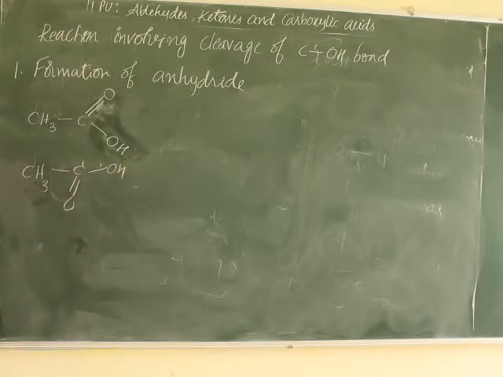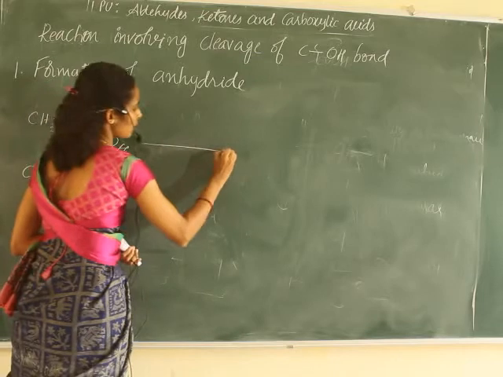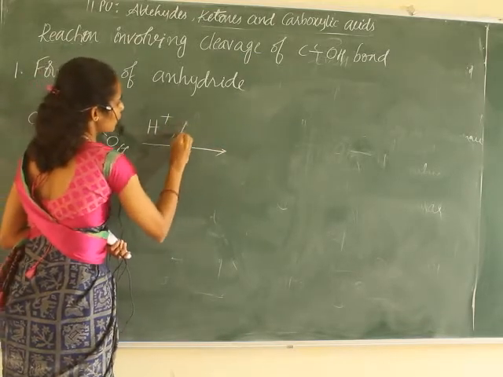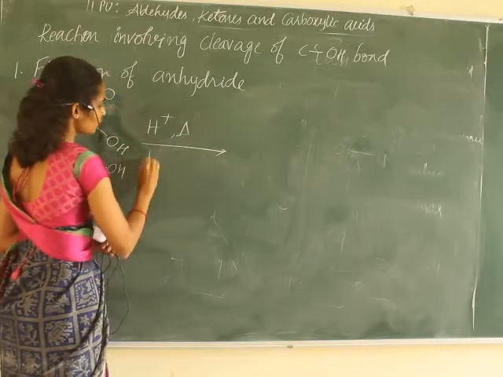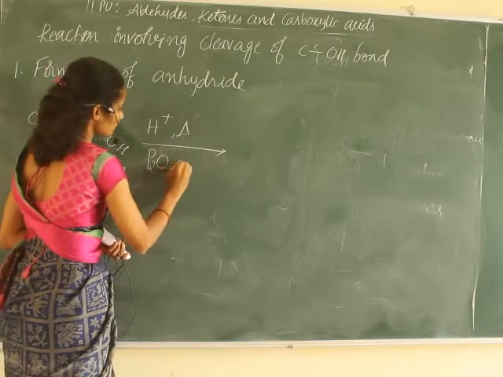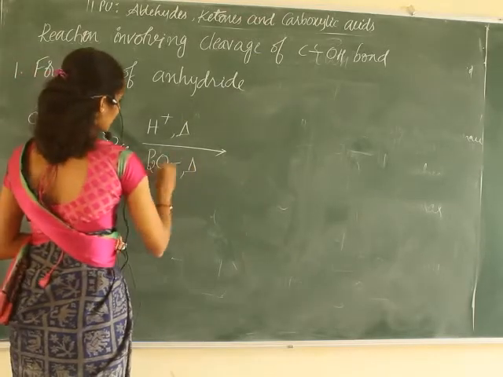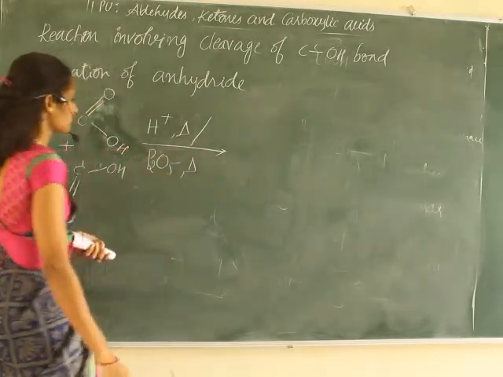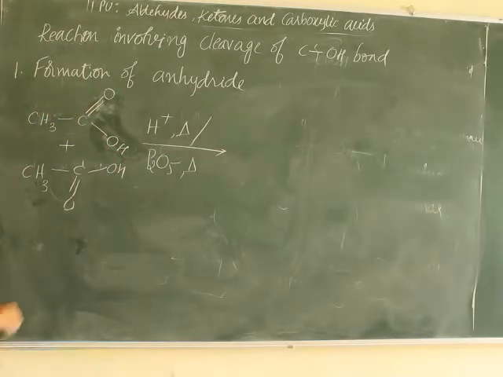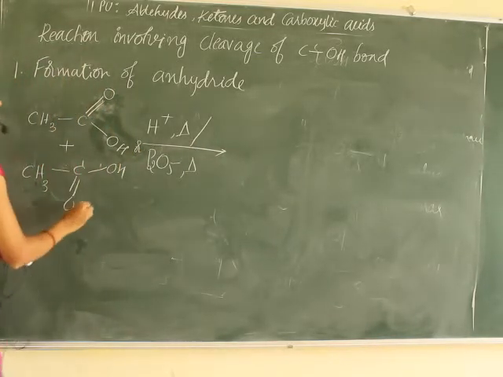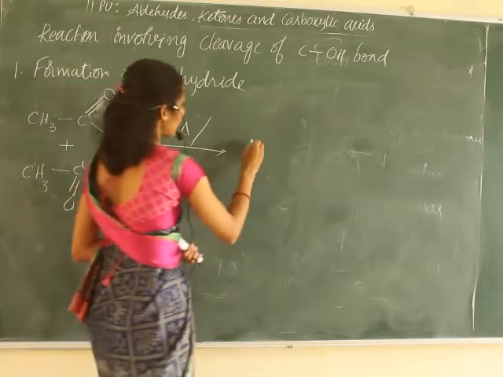Now two carboxylic acids react in presence of a mineral acid on heating, or in presence of phosphorus pentoxide and heating, which results in the formation of anhydride.